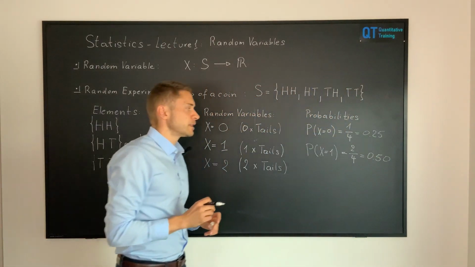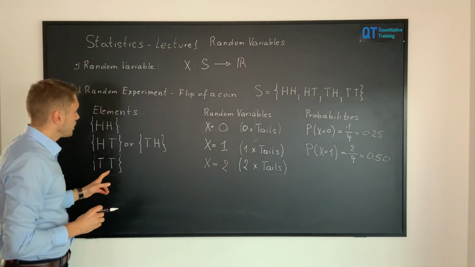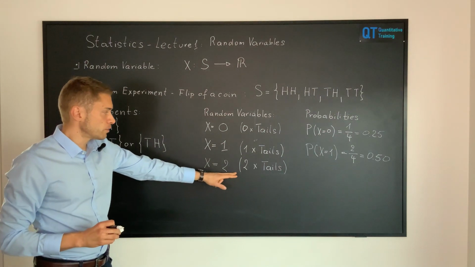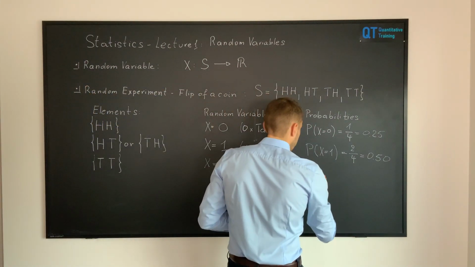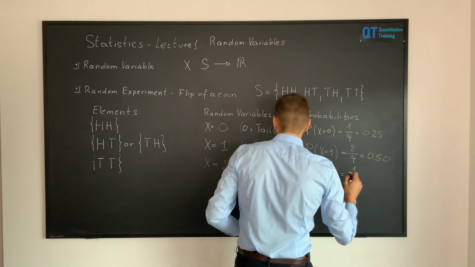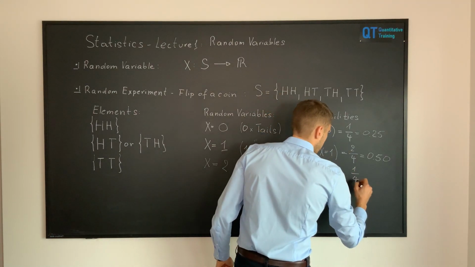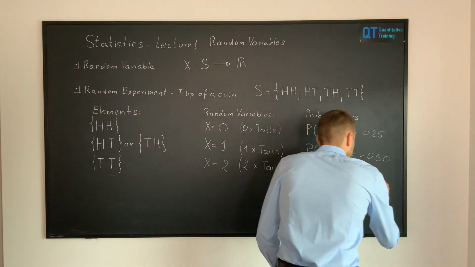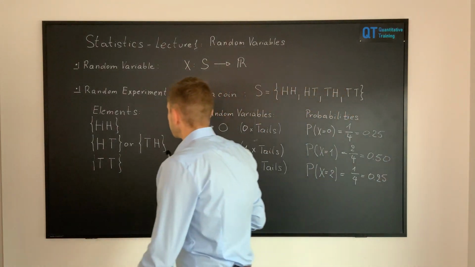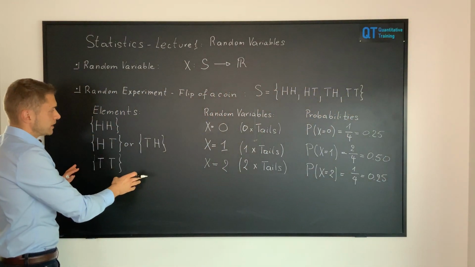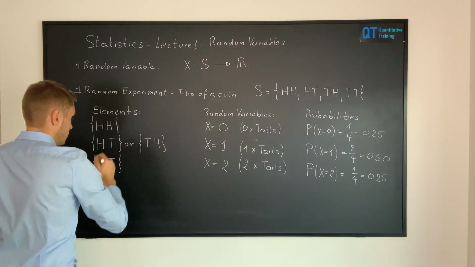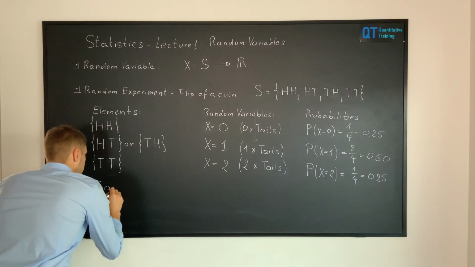And the last probability that we can work out is the one where we obtain 2 times tails, so x equals 2. The probability of the random variable x being 2 is 1 element divided by the 4 elements of the sample space, which again produces 0.25. On the left side, we recover our total sample space, the 4 different elements of this random experiment.